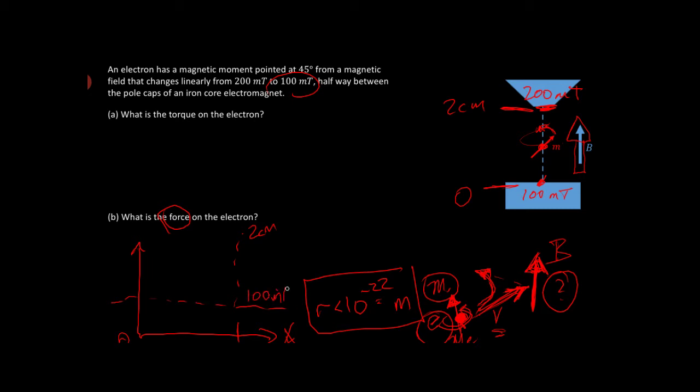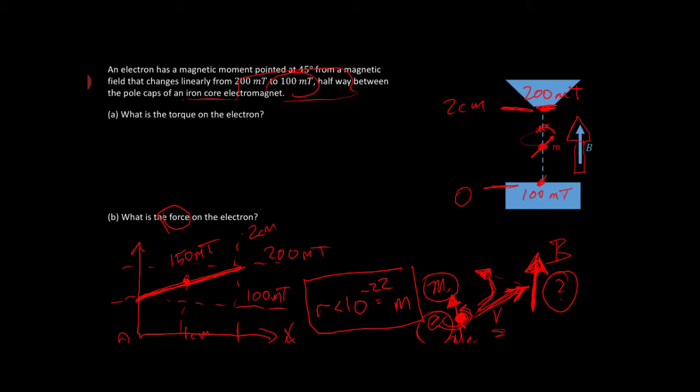So at 0, you have 100 millitesla, and over here you have 200 millitesla. And then you have this straight line field between it. You'll see that where the electron is, which is 1/2 the way through at 1 centimeter, at this particular point, the field is 150 millitesla. And the force is going to be related to the slope of this line.